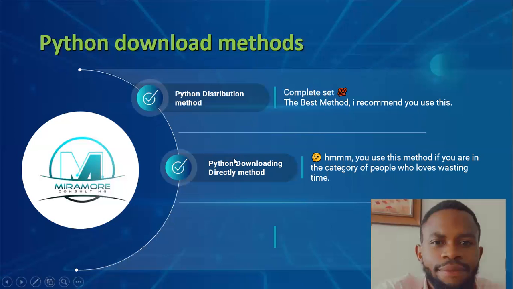But when you're using the direct method, you have to follow a long process, whereby after downloading it, you then start downloading all those libraries that you need one after the other. You can see that between the two, the Python distribution method is straightforward. As you're downloading it, you don't need to start installing the libraries one after the other.